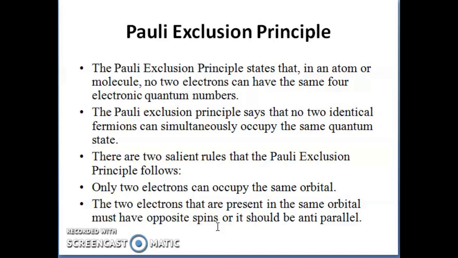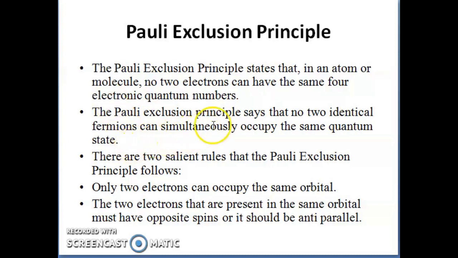We know the four quantum numbers: the principal quantum number, azimuthal quantum number, magnetic quantum number, and the spin quantum number. So according to Pauli's exclusion principle, no two electrons can have the same four quantum numbers.